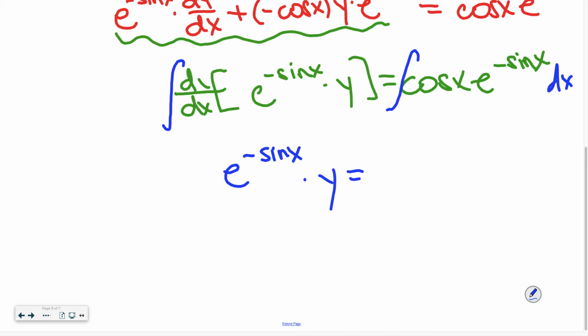So we really just have e to the negative u du. Is that bad? It's not that bad. So we end up with negative e to the negative u.